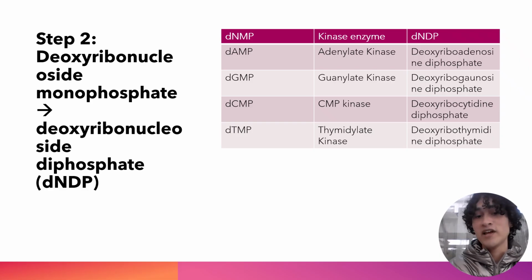So, for example, let's take deoxyguanosine monophosphate. With the help of guanylate kinase and ATP, it will become deoxyguanosine diphosphate. So we're now indicating that there's another phosphate on, as well as that original phosphate that was added in the step 1 phosphorylation process.